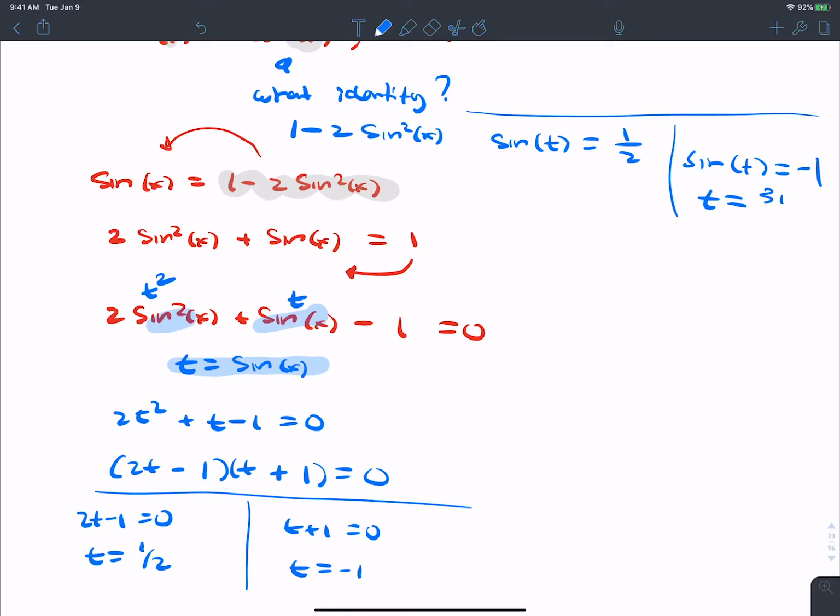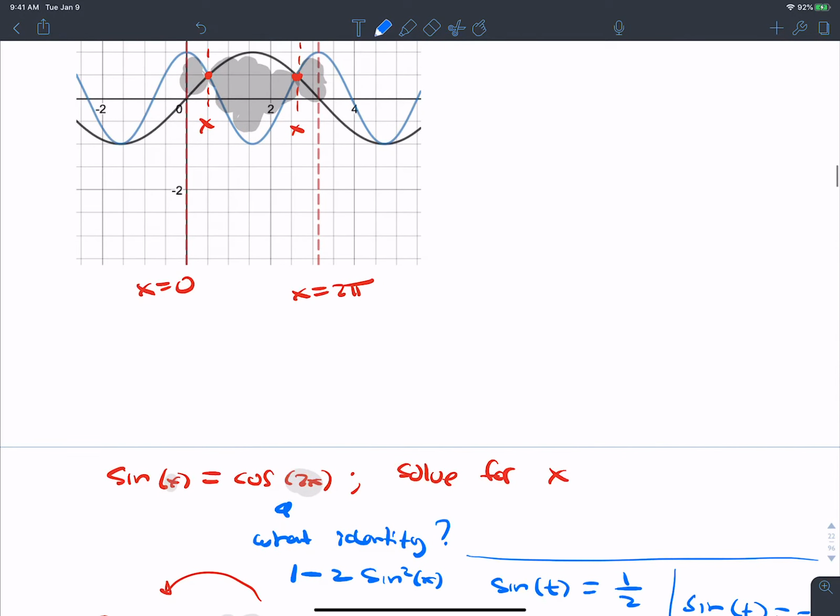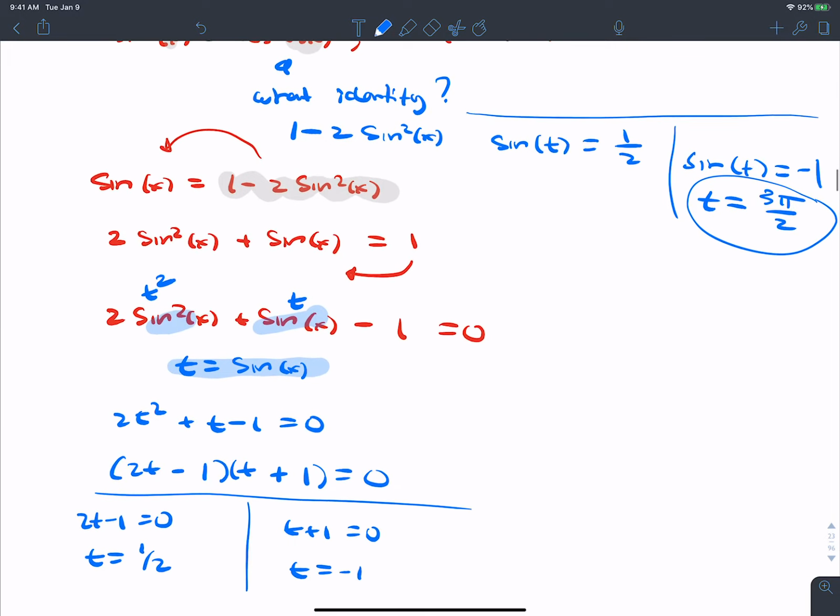Is that 3 pi over 2? Double check because I'm not awake. Right? Doesn't it happen at 3 pi over 2? I believe so. So that's right here. This is the x value you just found. The other value we have to get now, because this is from 0 to 2 pi, so that's 270 degrees.